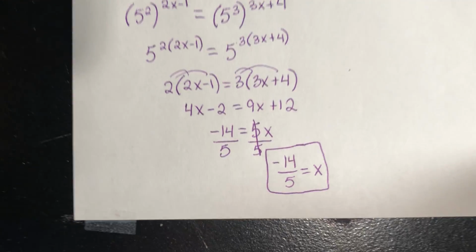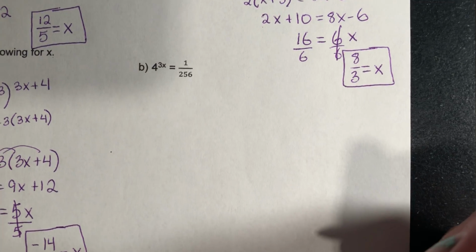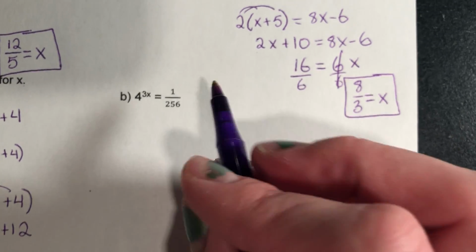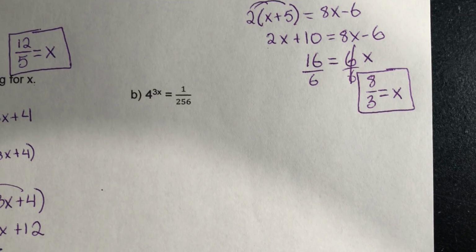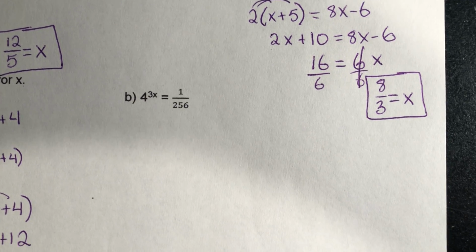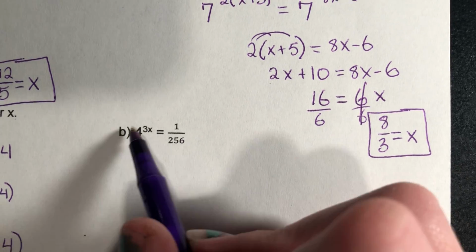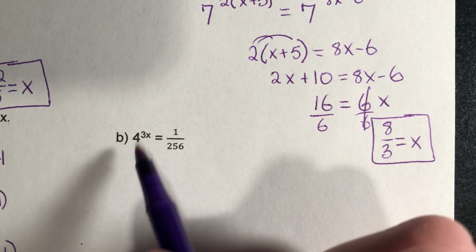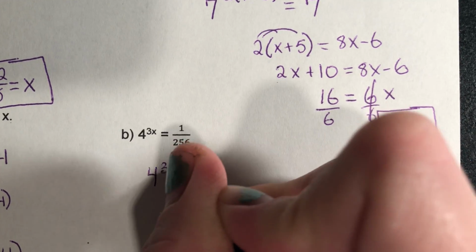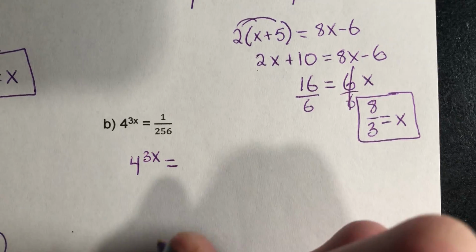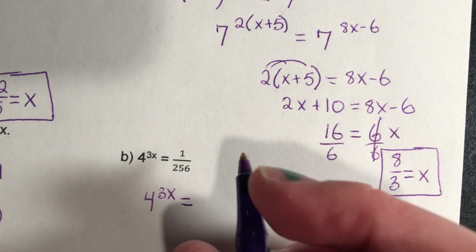I chose a lot of ones with fractions here, and that is okay. All right, our last example on this one right here: we have a fraction on the right-hand side. So that means we know we're going to have a negative exponent, because if we have a fraction, then we can make that bottom number into the same base as the number on the left here. So let's do that. We have 4 to the 3x power equals, and you can check in your calculator, but 256 is 4 to the 4th power.